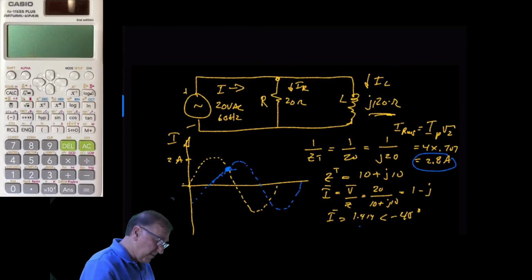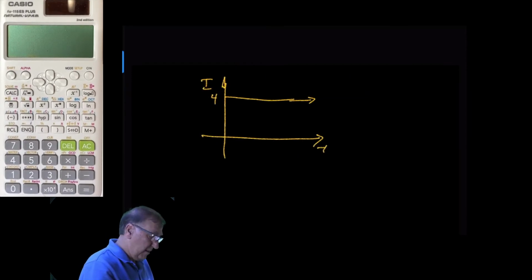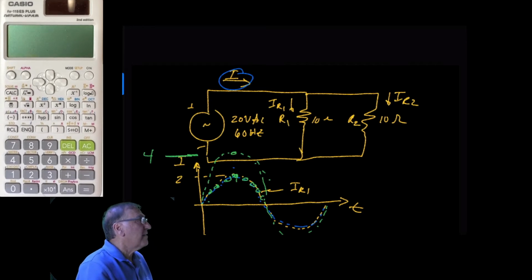So this is the maximum. That maximum is not 4 amps like we saw in the DC case. Let's see if we can go back there. Right, so right here we saw 4 amps because they're in the same phase angle, so they're additive, and you get 4 amps.